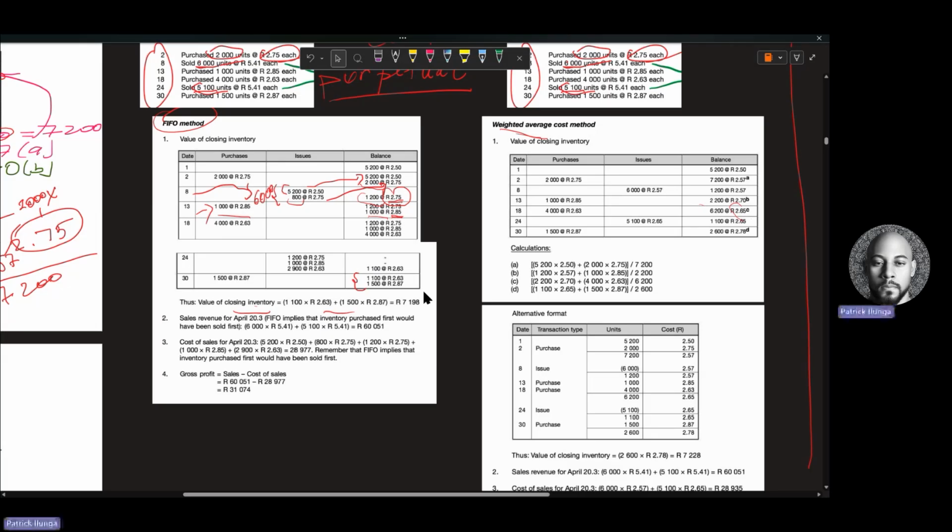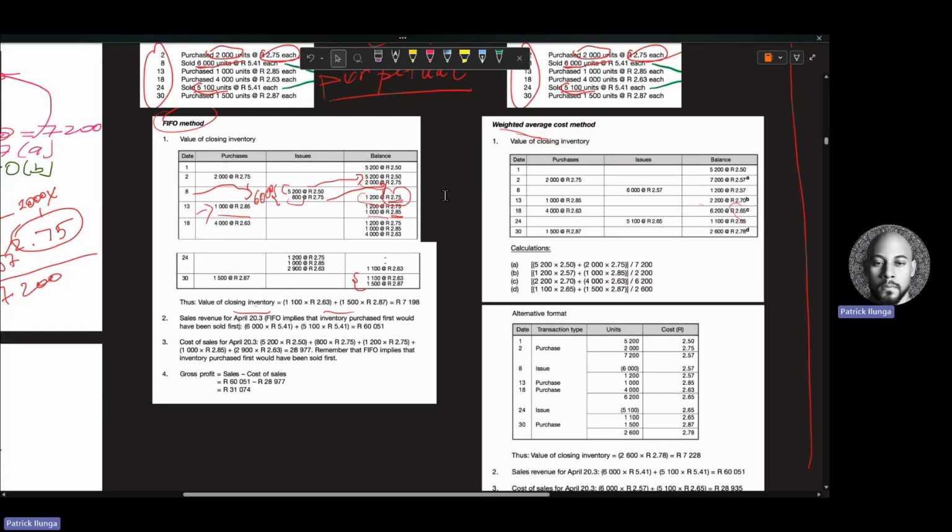For the weighted average, it's slightly different. The dates don't change. Nothing will change with the date. Your table should always be there, purchase and issue. But the difference here is that we are going to do an average, and that's the only difference. So these two that you see here, we will average them.